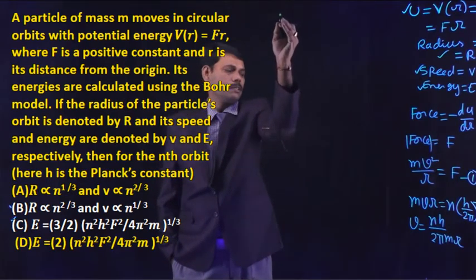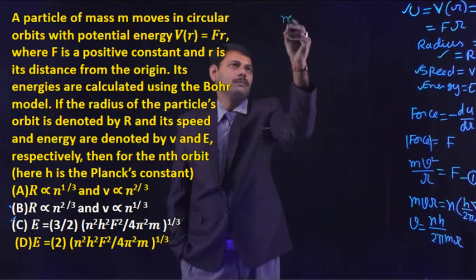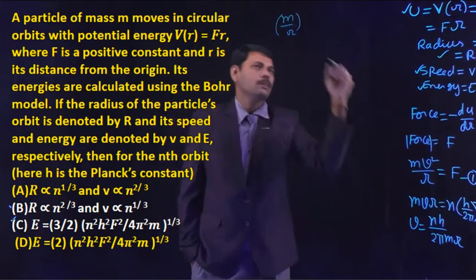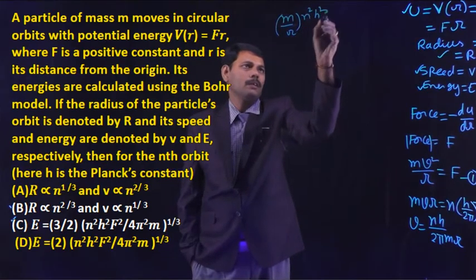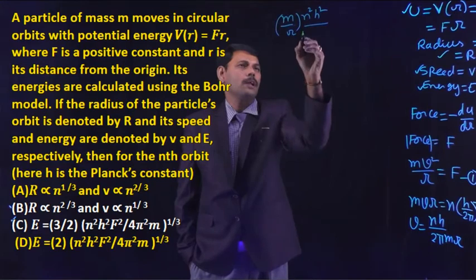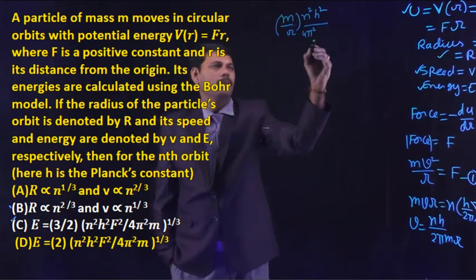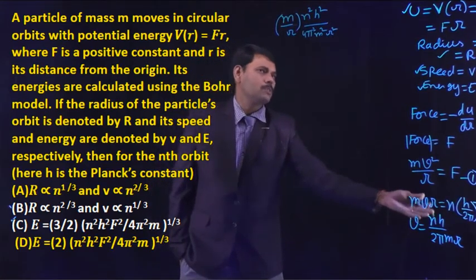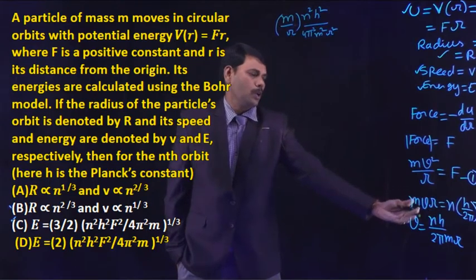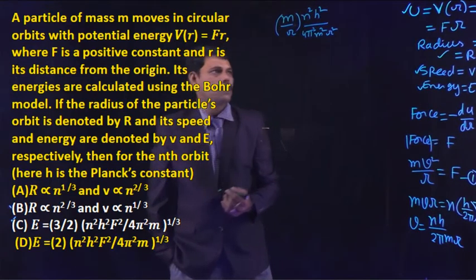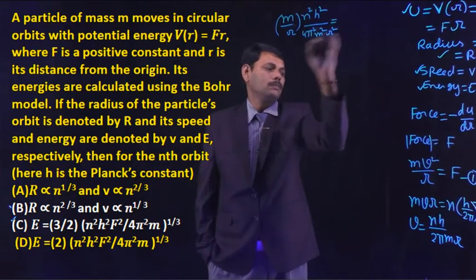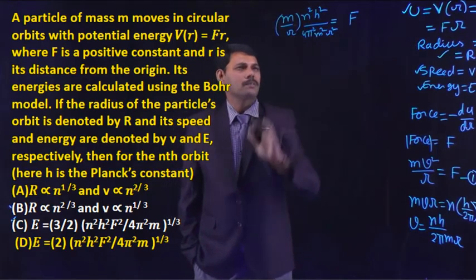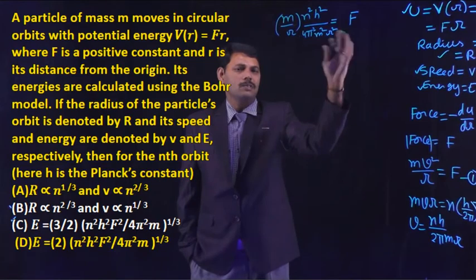So we get m by r into v square, where v square is n square h square divided by 4 pi square m square r square, is equal to F. Here r into r is r square. On cross multiplying, let us write the r cube value.